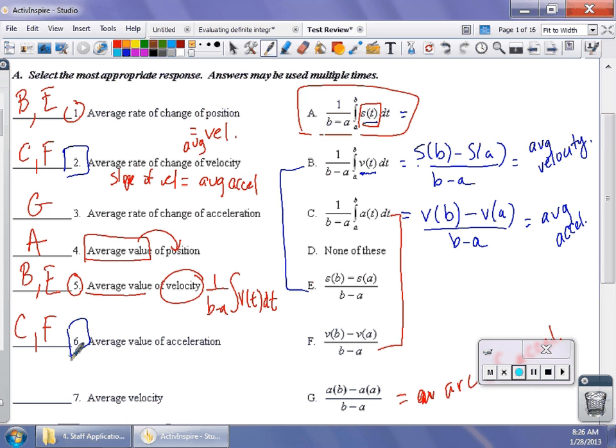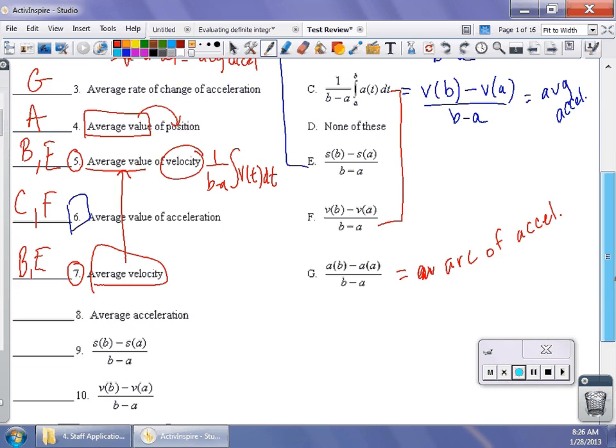Average velocity is the same thing as the average value of velocity, so that matches up with 1 and 5, and that's equal to B and E. So make sure you understand the average velocity is asking you to find the average value of velocity. In other words, it's simply change in position over change in time.